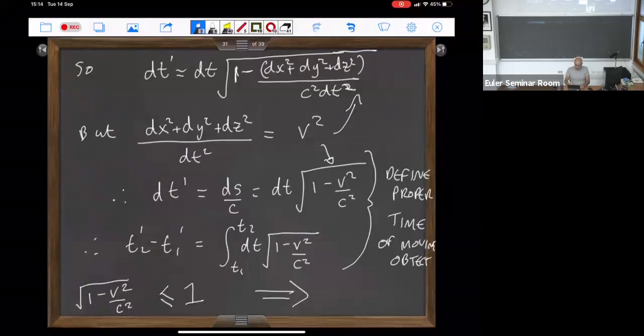Or I can also integrate that between the two times, t2 prime minus t1 prime. Now, this is how you define the proper time. These two equations here give you the definition of what is called proper time of some moving object.